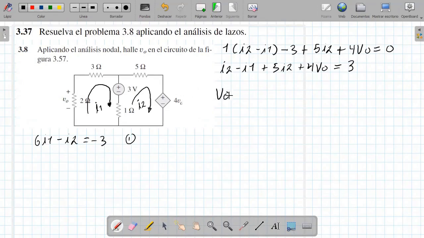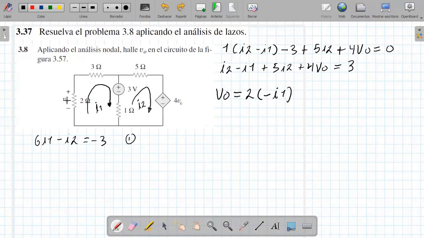So V0 is going to be equal to the resistance, which is 2, times the current that goes through that resistance. We see that the I1, well, I put minus I1. Why did I put it negative? Because let's observe that the polarity of this resistance is plus up, minus down. Since I am taking the current in the opposite direction, the current would be negative.